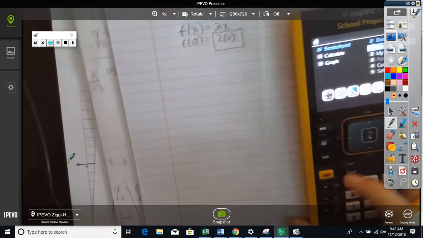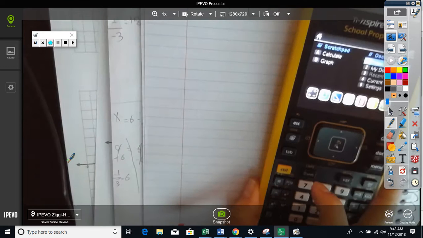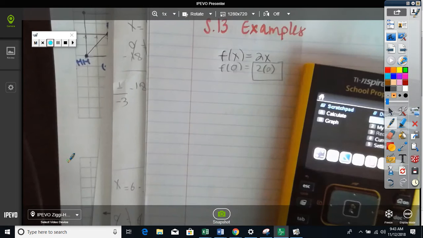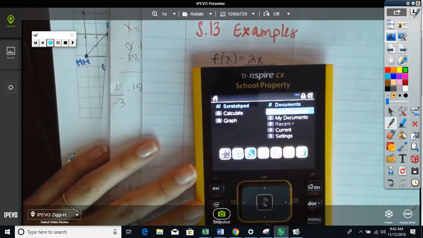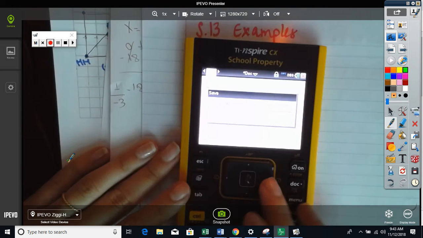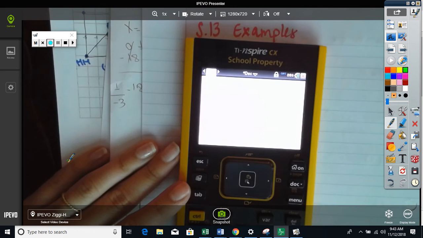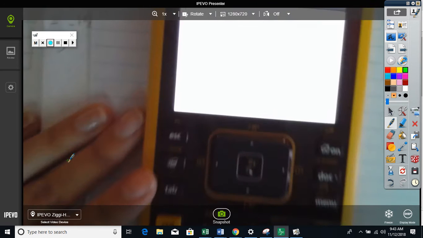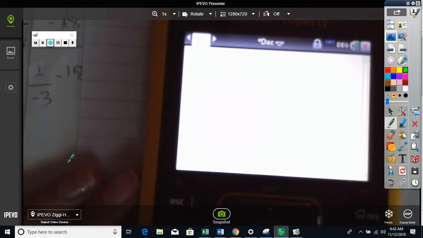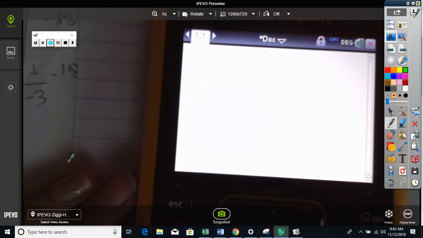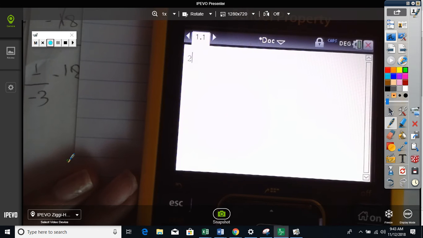So 2 times 0 is 0. Another way you can check it is to put in the calculator 2, parentheses, 0, and I get 0.